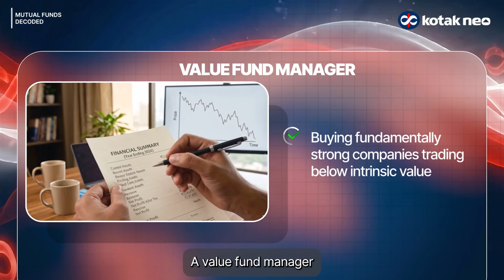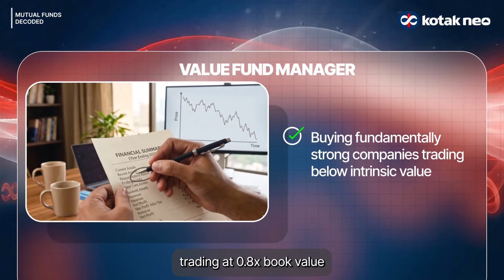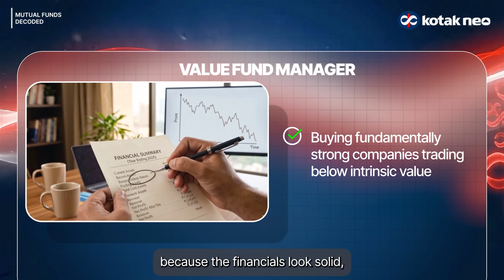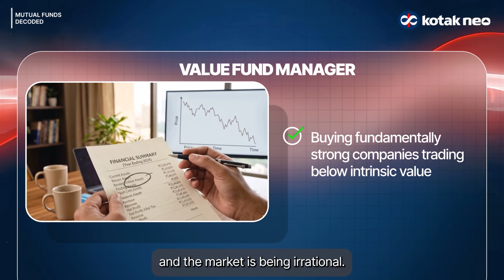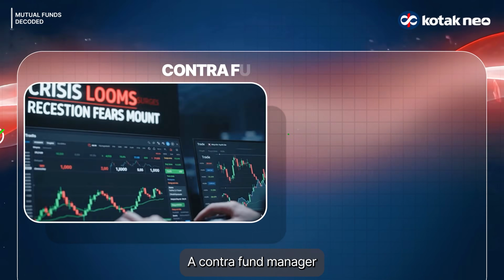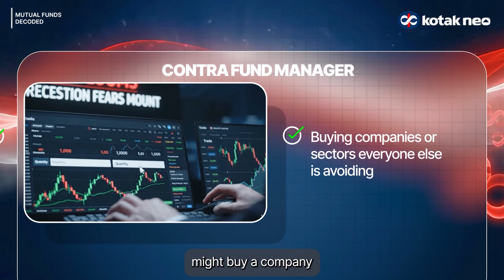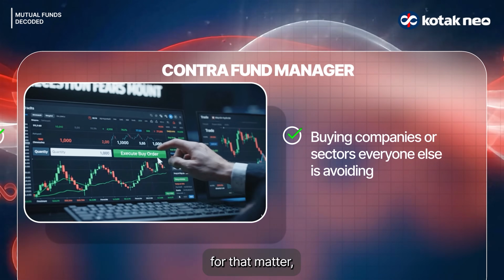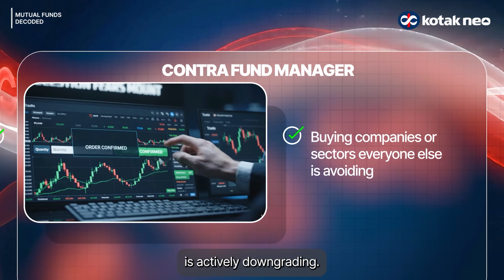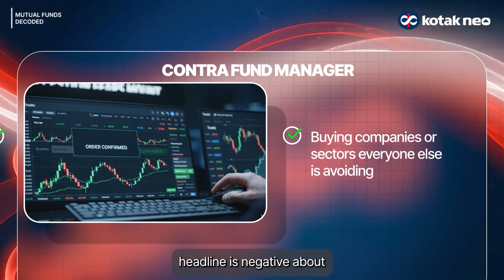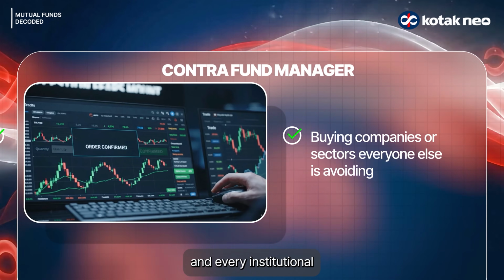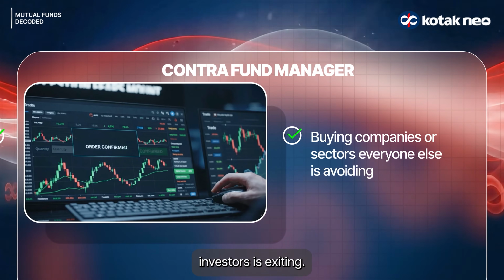A value fund manager might buy a company trading at 0.8x book value because the financials look solid and the market is being irrational. A contra fund manager might buy a company or an entire sector for that matter that every analyst is actively downgrading, every news headline is negative about, and every institutional investor is exiting.